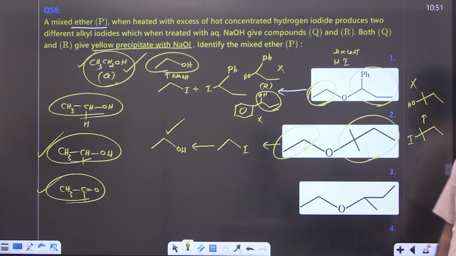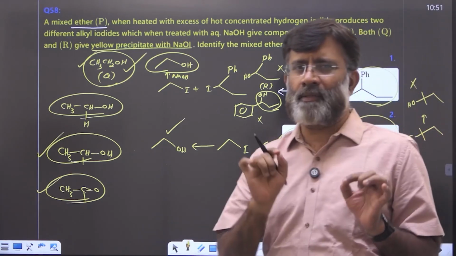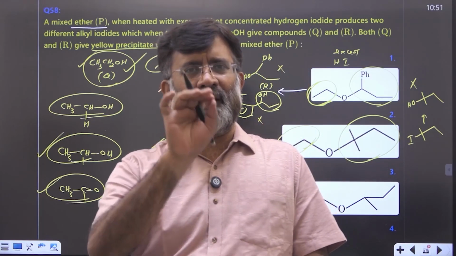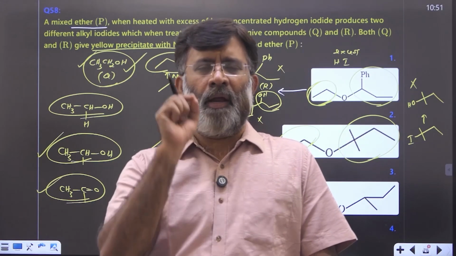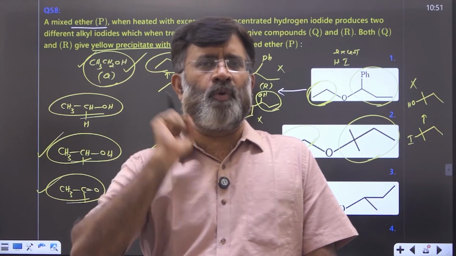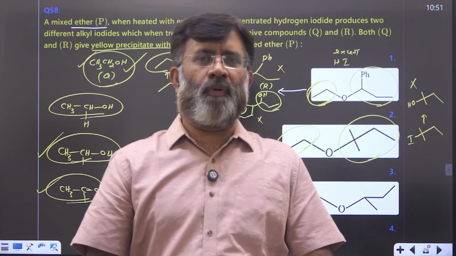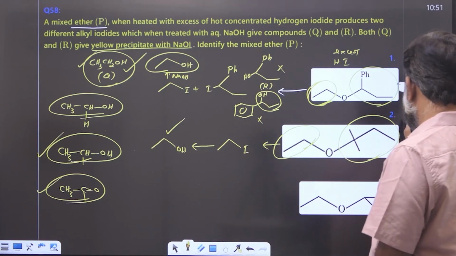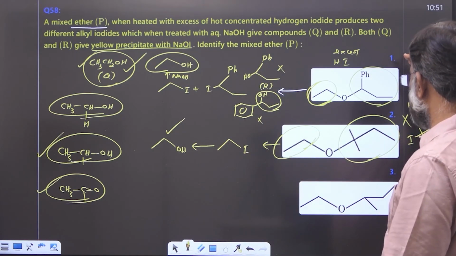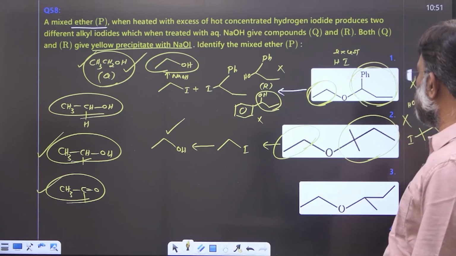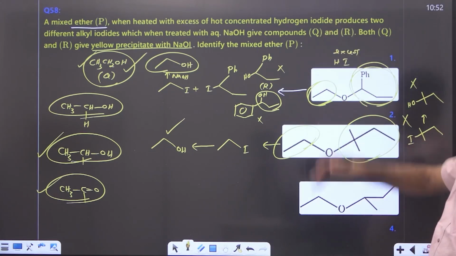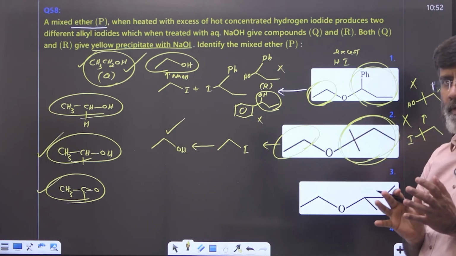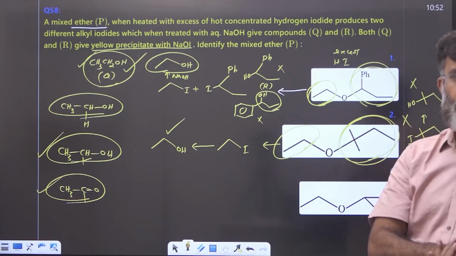This is a tertiary alcohol. That is not a methyl carbinol. And you know, a tertiary alcohol is not easy to undergo oxidation. Haloform reaction is an oxidation reaction. So again, this is out. First choice is out, because this part is unfit for our question. Second choice is out, because again this part is unfit for the clue given in the question.